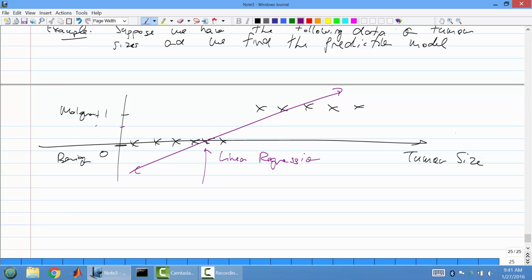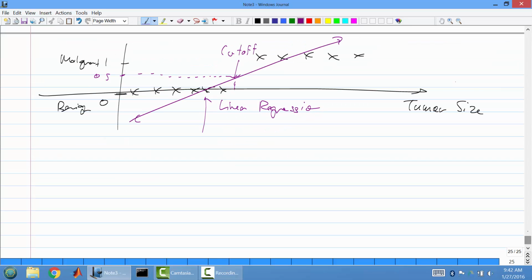If this is 0.5, then you can say that here's the cutoff, whatever this point is. So any point that is less than this point you can consider as benign. Anything greater than this point you consider as malignant. Okay, so this is what the linear regression will give you.